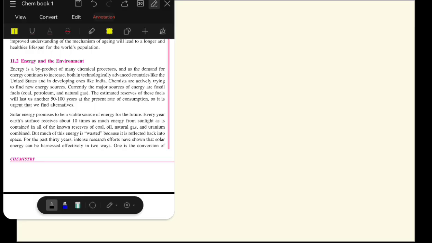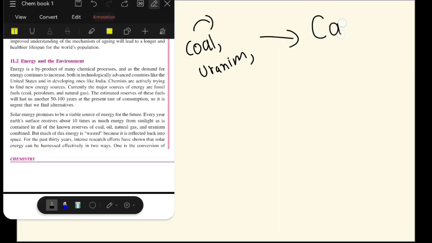What happens is that we are burning coal, uranium, petroleum, natural gas, etc., and they release carbon dioxide.